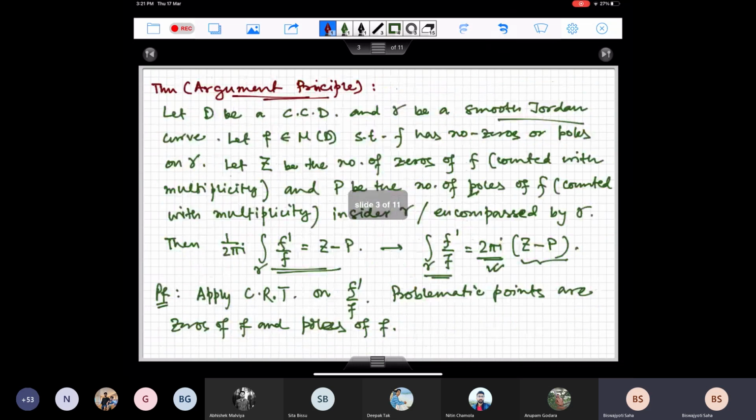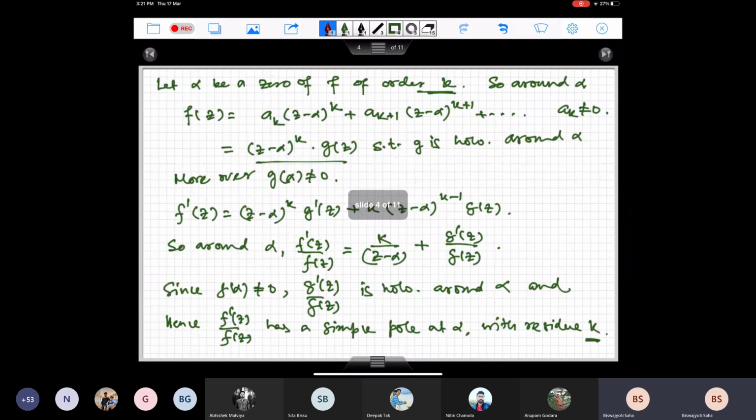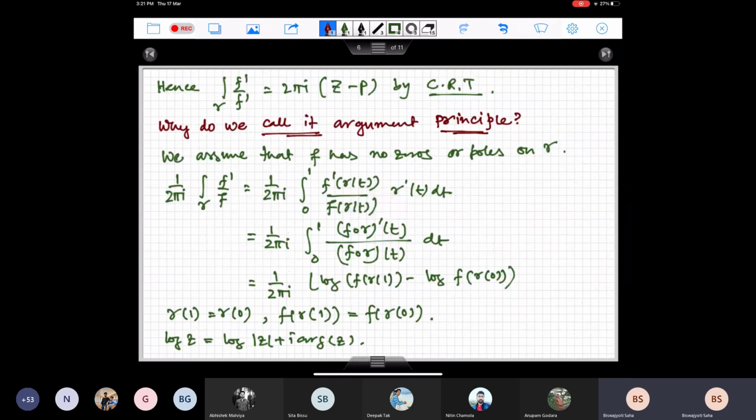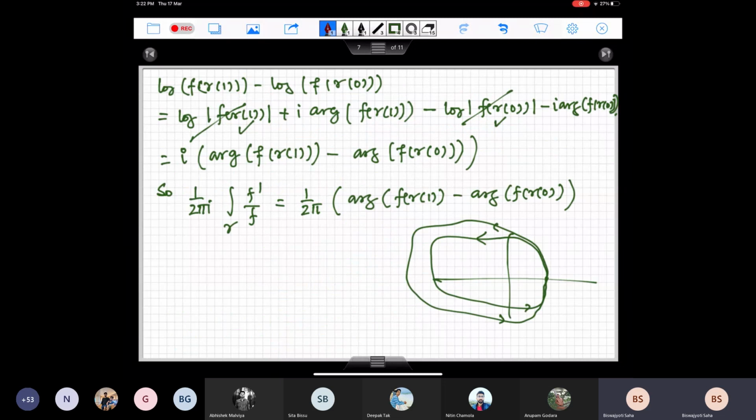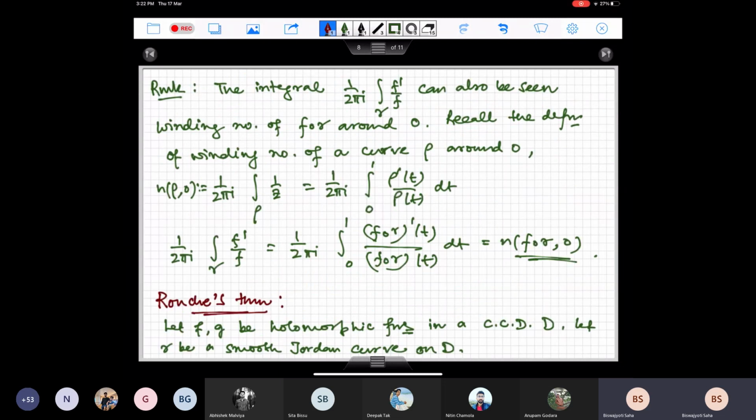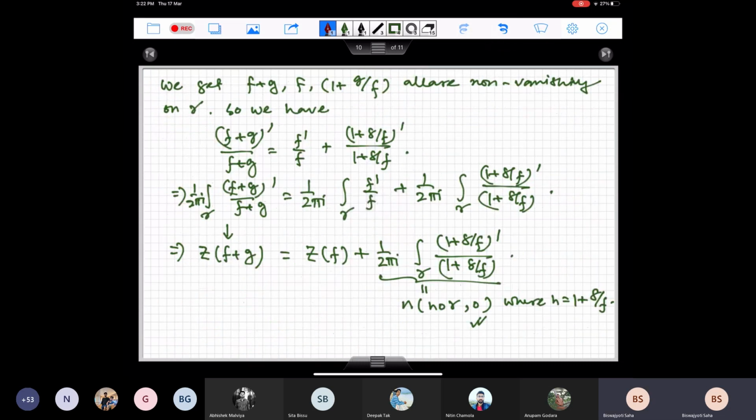We started by deriving the argument principle, and slowly we showed how the argument principle led to this understanding of the difference in argument, followed by understanding this integral in terms of the winding number, and eventually it gives you Rouché's theorem. We will see more of that in the next class, and I stop here, so you can tell me if there are any questions.